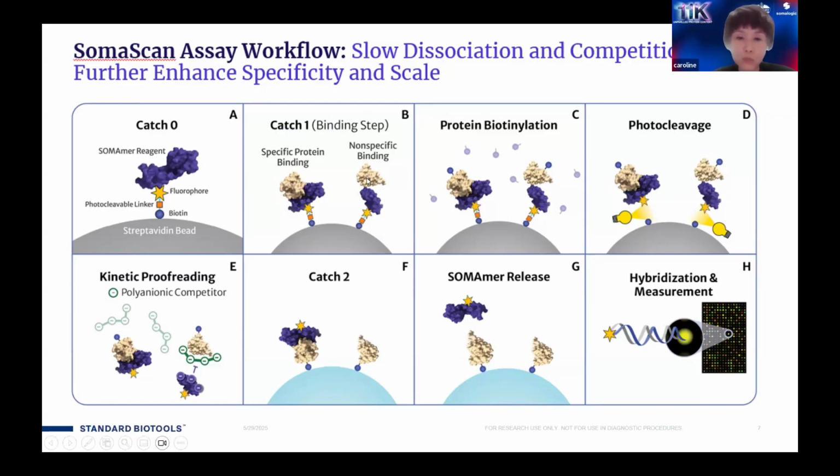Then in cases of non-specific binding that happens between the proteins and the SOMAmer reagent, because they are non-specific protein binding, they dissociate within seconds to a minute. We then cleave these DNA and protein complex off the beads using UV light, which is placed in the liquid handler that we use to run the assay. This whole workflow is almost fully automated, right? The only manual step is placing the samples and consumables onto the workstation.